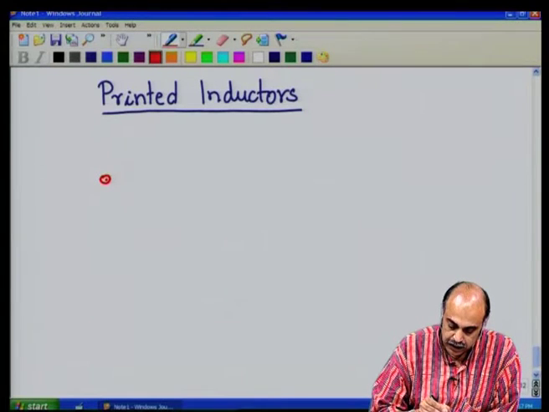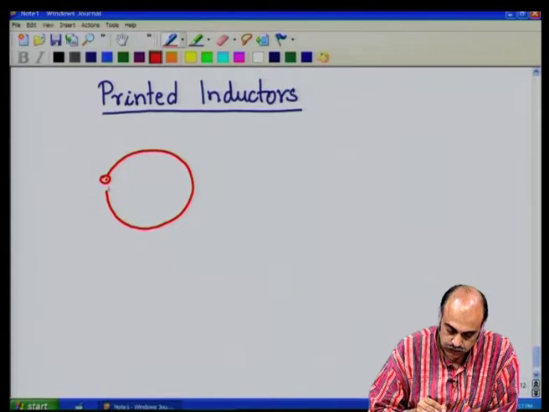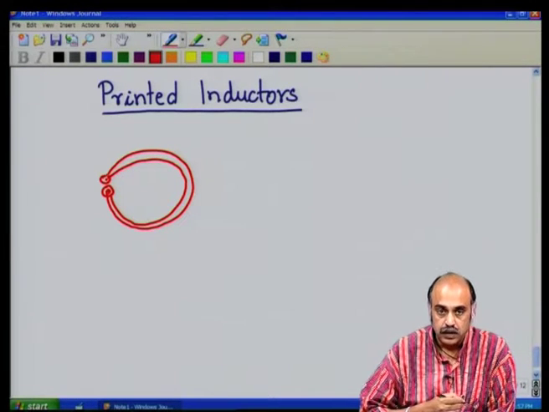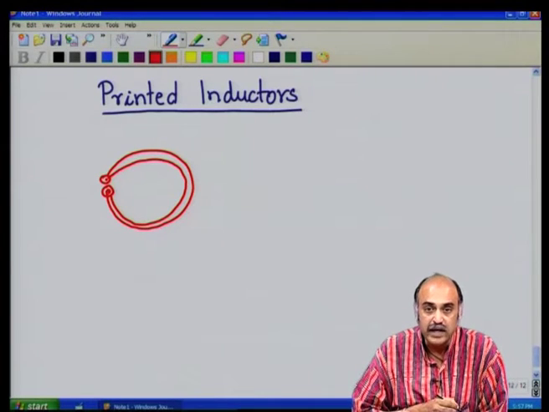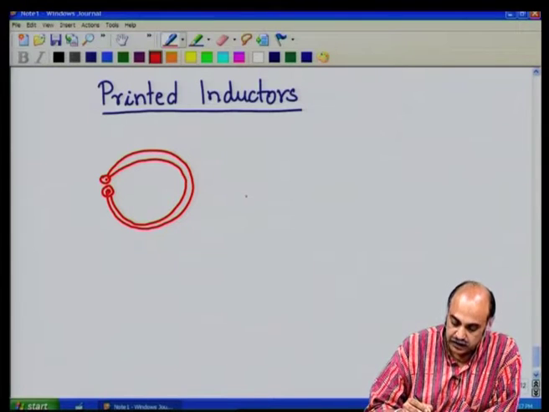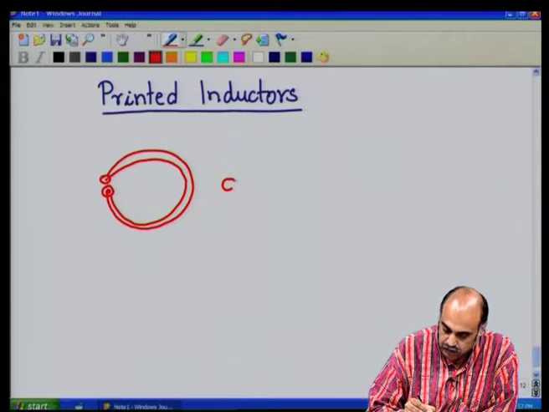You have a pad here, and then you have a circle, another pad. So, this kind of circular loop is equivalent to one winding inductor. You could have a multiple winding inductor by having a slightly modified topology.